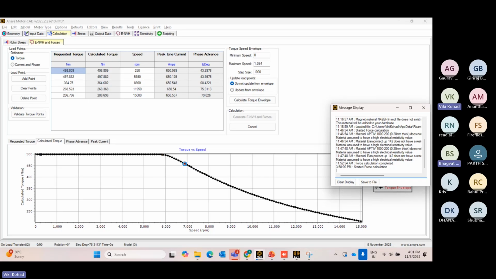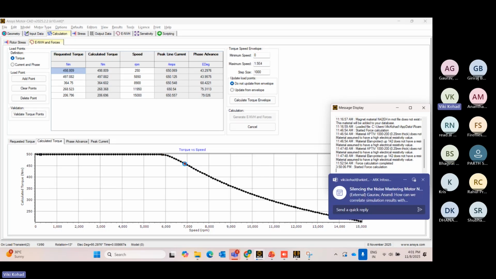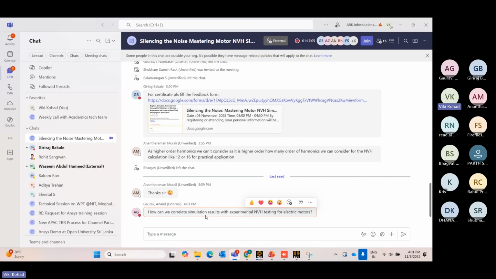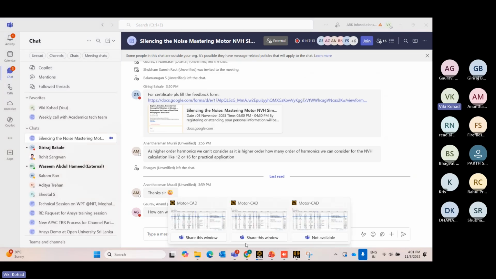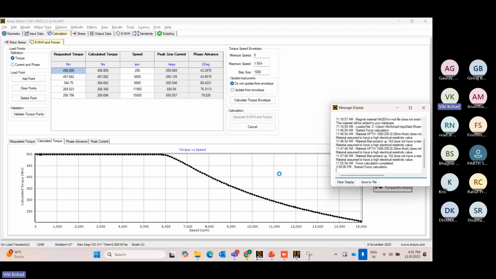Okay, sir. For the inverter harmonics, you have to do the simulation in the ANSYS Twin Builder.